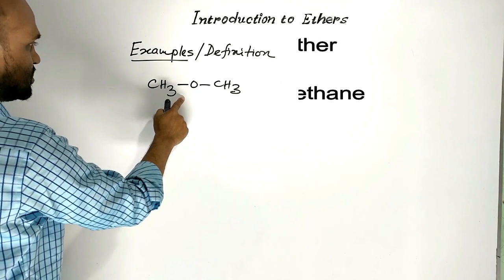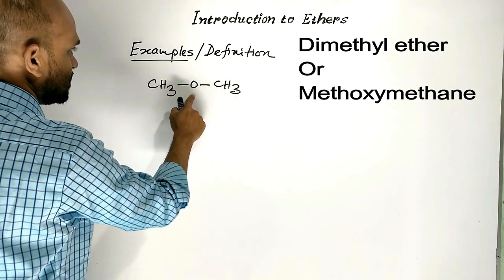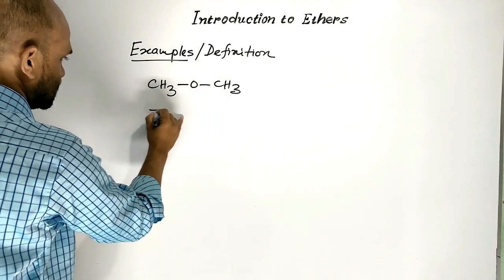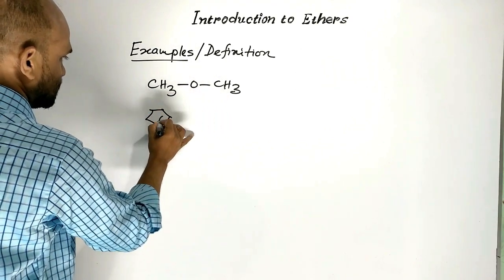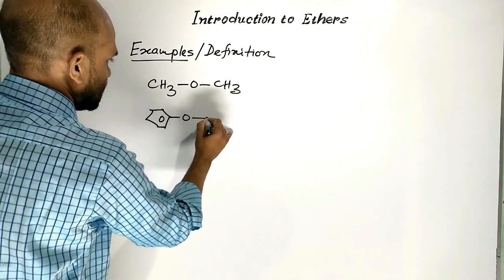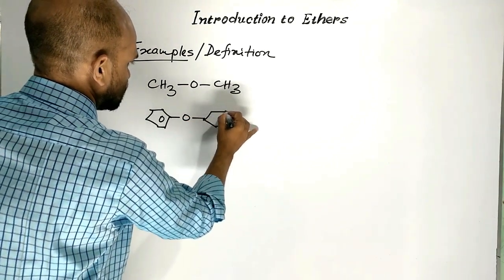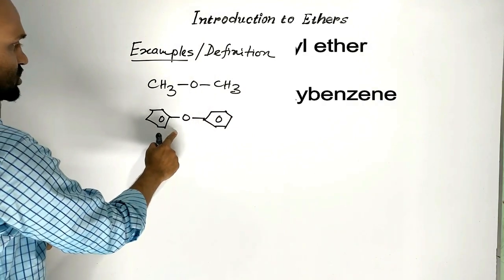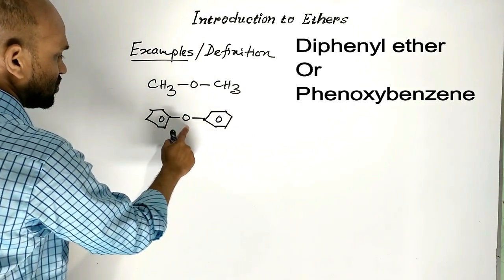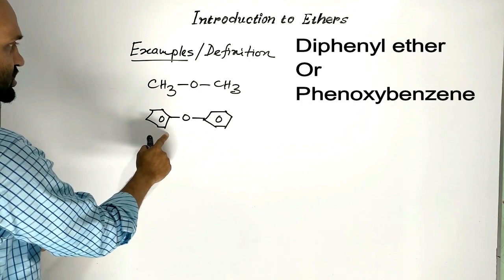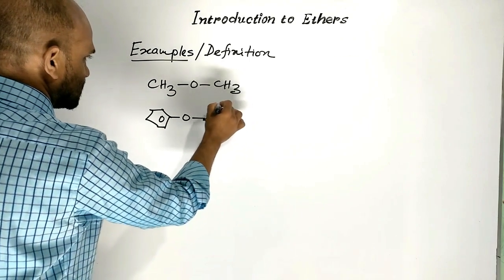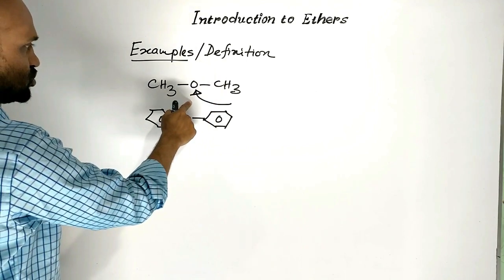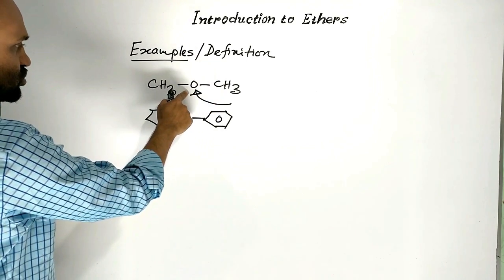Its name is dimethyl ether or methoxymethane. This is another ether. Its name is diphenyl ether or phenoxybenzene. Here, this is the functional group, which is known as the ether group.